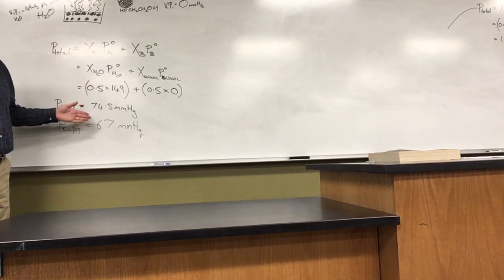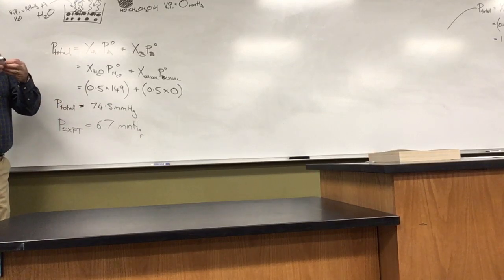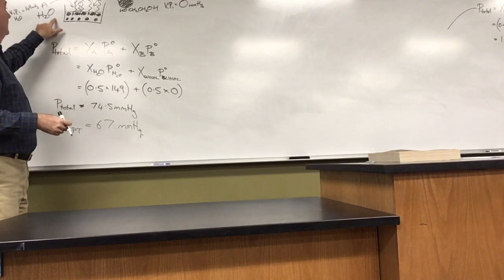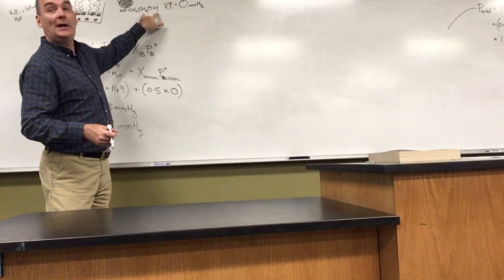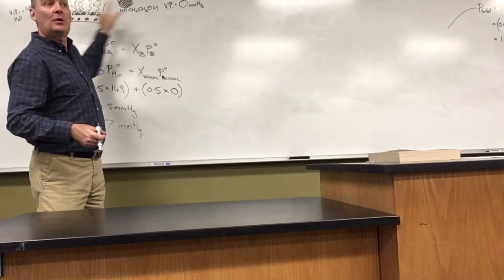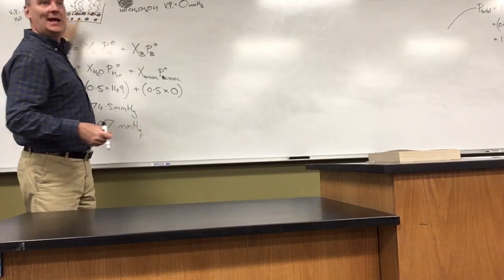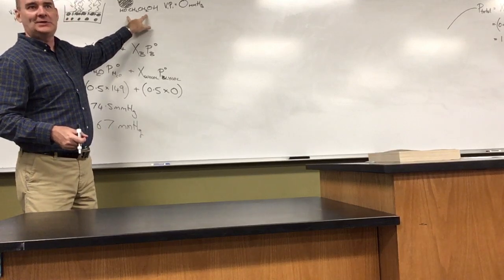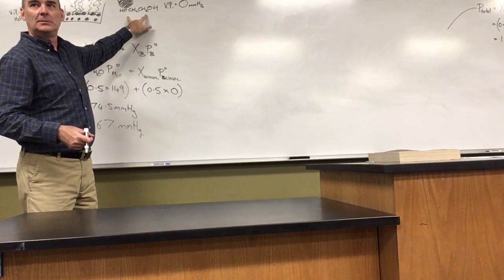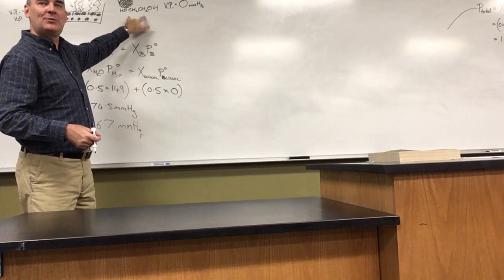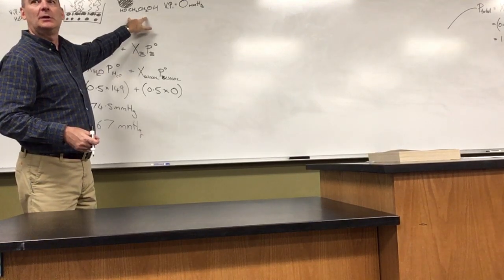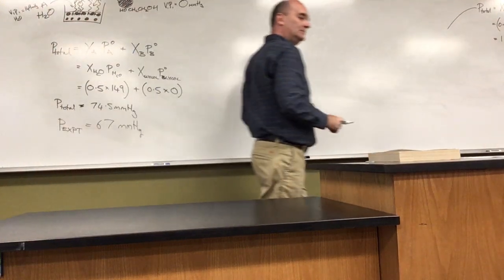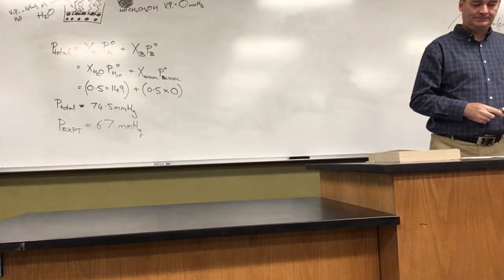This is a negative deviation. This means the molecules are sticking together. And yeah, they're going to stick together, because this can hydrogen bond for real, and that can hydrogen bond, so those molecules are going to stick together, only this one doesn't escape because it has no pressure. So this is really preventing the water from getting out of that solution. That's why the number's a little bit low. Okay?